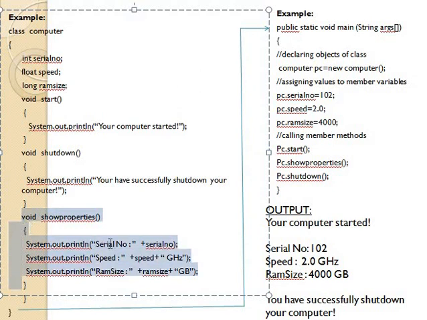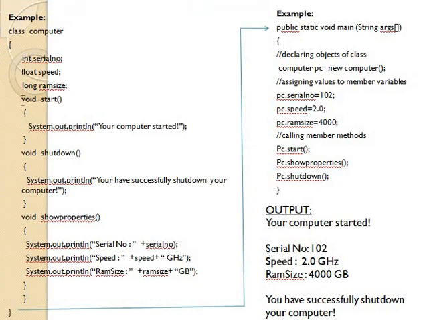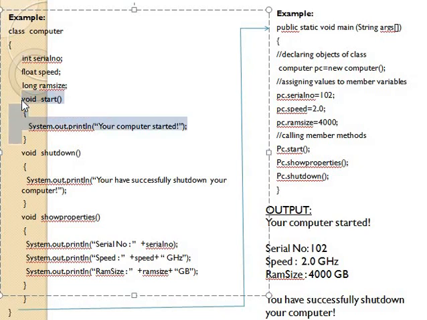At first it prints the serial number, then it prints speed through the second action statement, then it prints RAM size through the third action statement. For each method there is a body, as shown in this program.